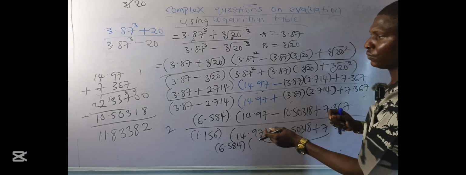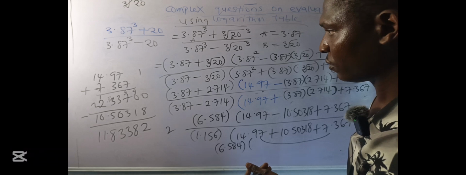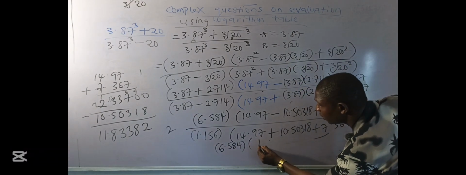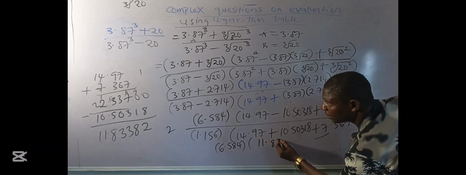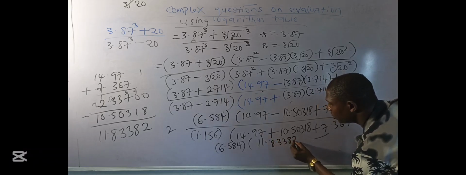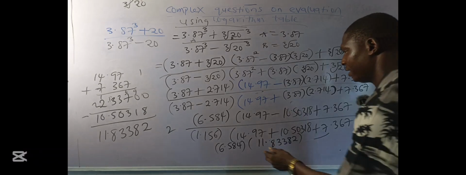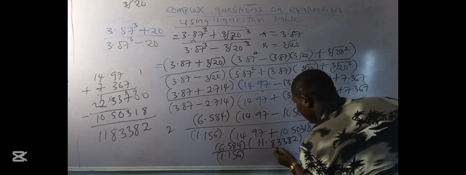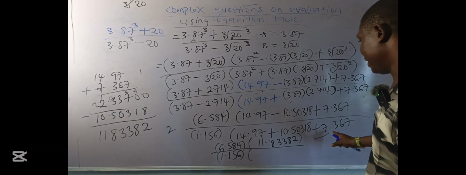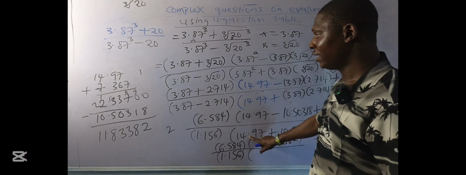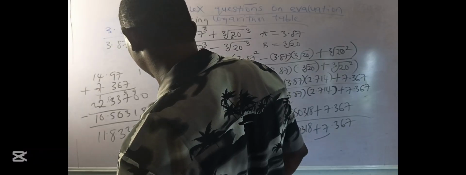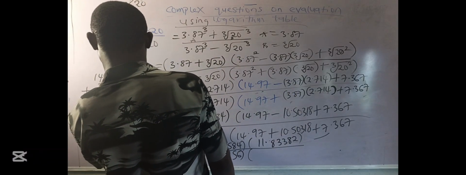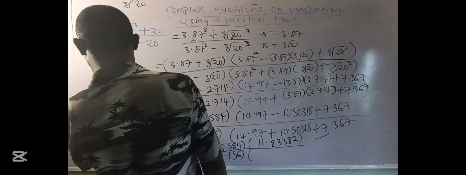So I have this as 11.83382 in brackets. So this is 1.156 in brackets also. Now I've already added this and this, and that gave me 22.337.